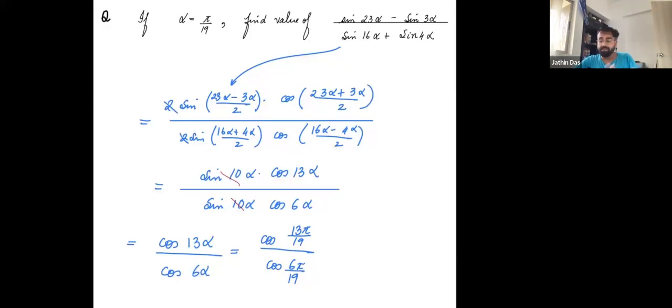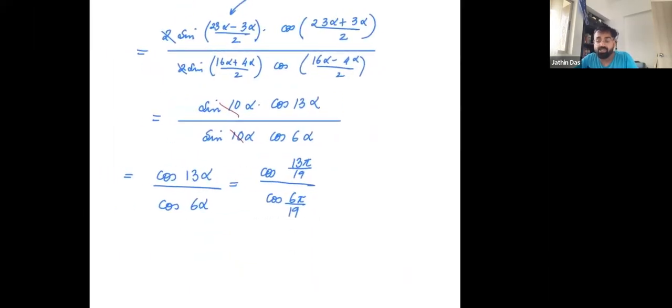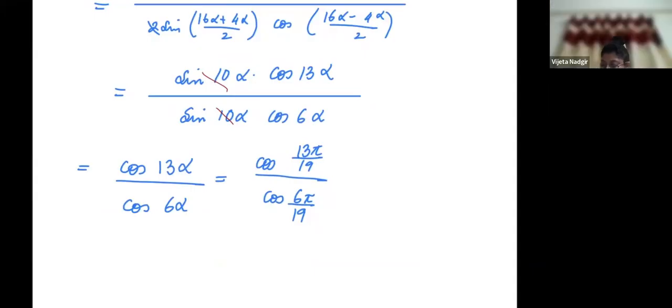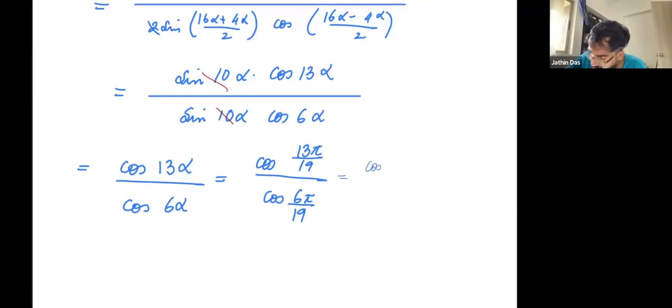You can keep the answer like this, or simplify it either above or below. It's your wish. What I do is put it above. I was doing that, but it got complicated. Second, pi minus 6 pi by 19 will come. That will be 13, right?